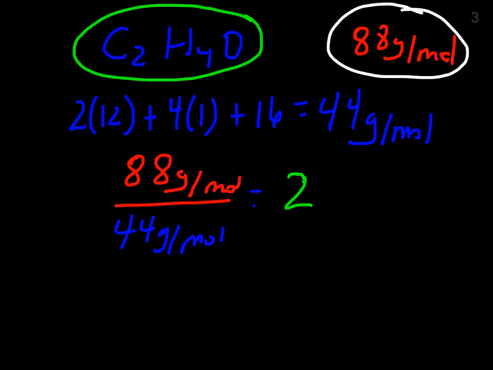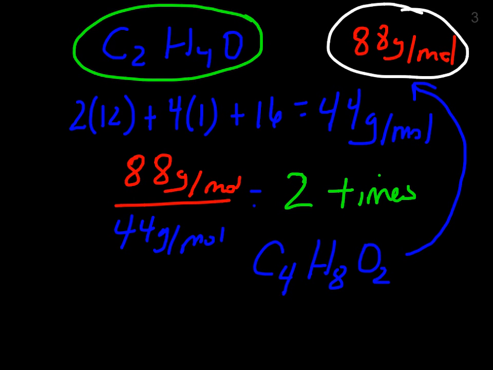So that means I need to multiply through my empirical formula, C2H4O, by 2, and I come up with a new formula, C4H8O2. And when I add that up, it will add up to the 88. Reduce it back, I come up with the same empirical formula. So it's a slight variation, same thing, just adds a little extra ending to it.